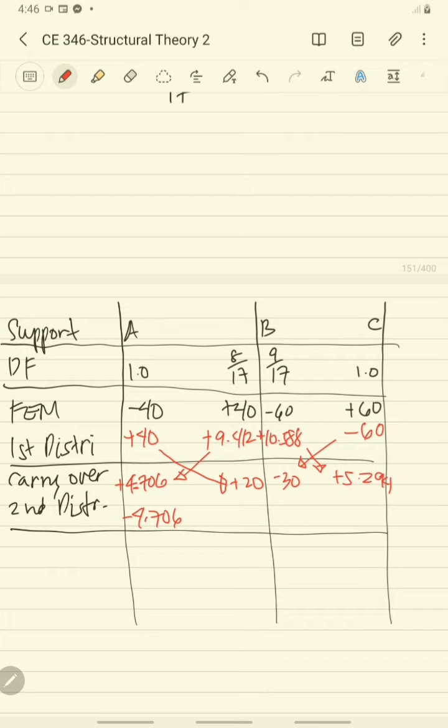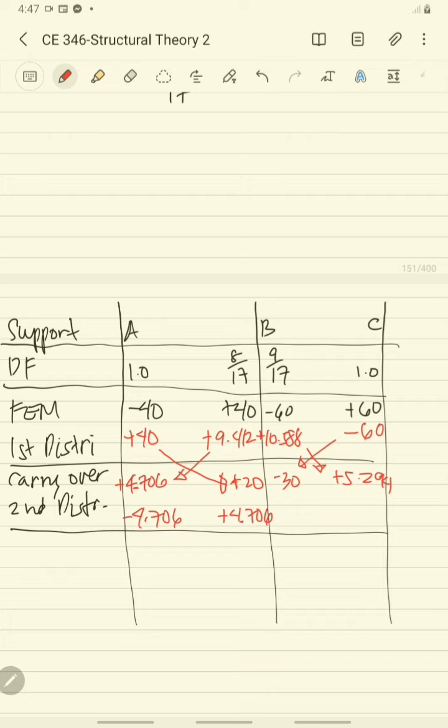Okay, so here we have positive 20 for B to A, and for the span BC you have a moment of negative 30. So this is an unbalanced moment of positive 10. So we will distribute this positive 10 by using the distribution factor. So 10 times 8 divided by 17 is equal to positive 4.706.